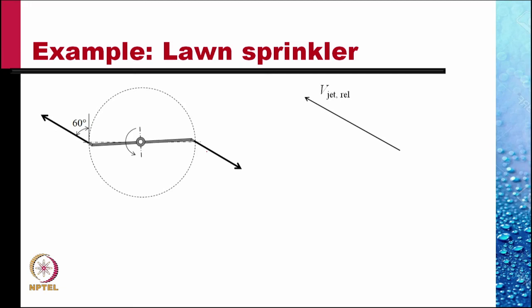But the arm is rotating and it has a component omega r downwards if this is moving downwards. So, the net velocity, the effective velocity, is the difference of these. If this is to be radial, then omega r should be equal to the vertical component of the relative velocity of the jet.